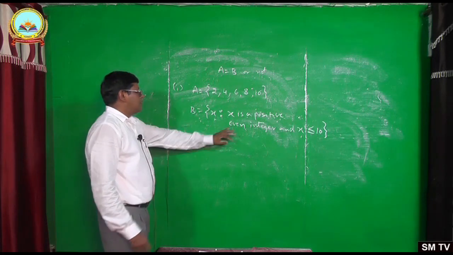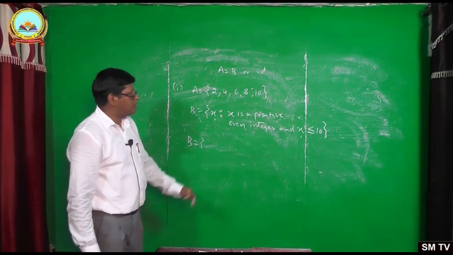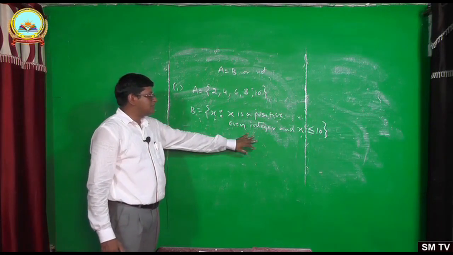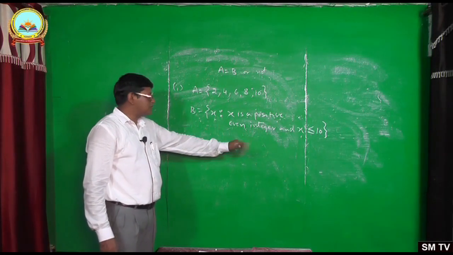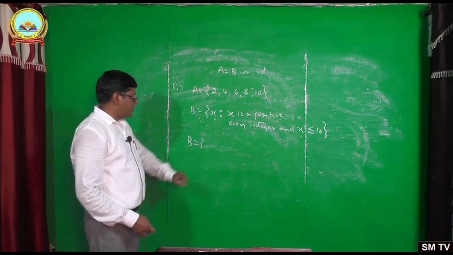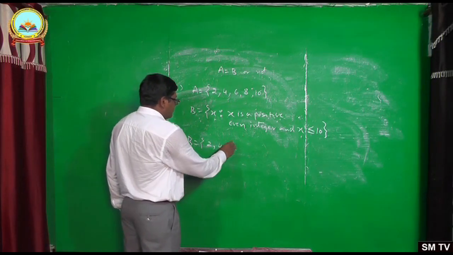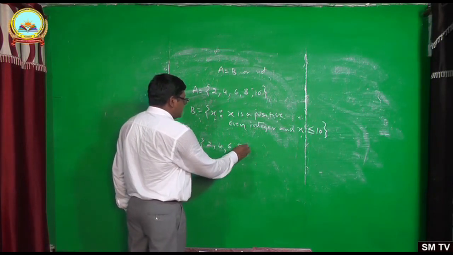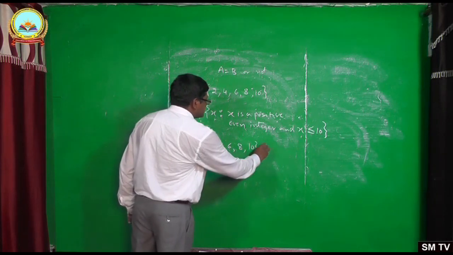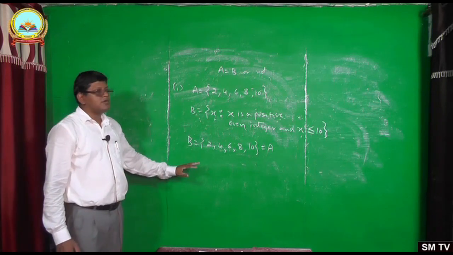See, what is the set B here? Set B is the set of those positive even integers which are less than or equal to 10. So better we shall write this set in roster form. So B is a set consisting of 2, 4, 6, 8, 10. Clearly this is the same as the set A. Therefore, set A is equal to set B.